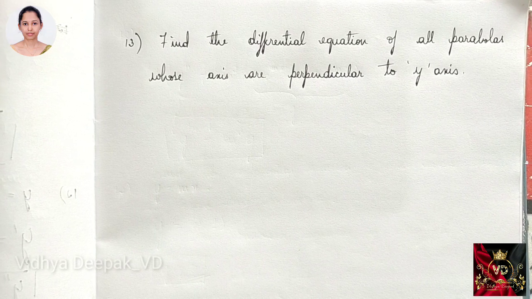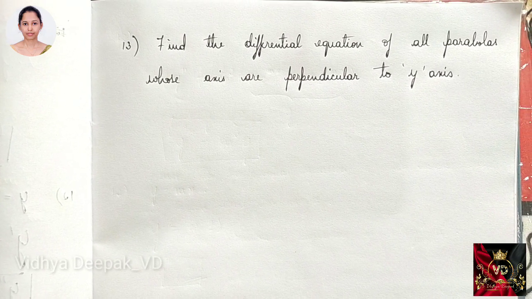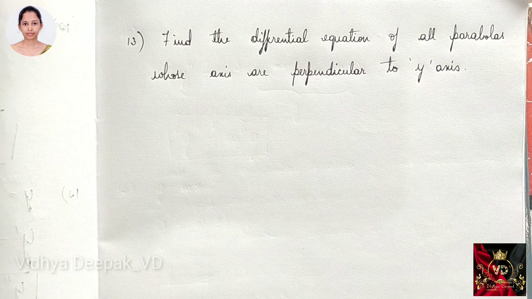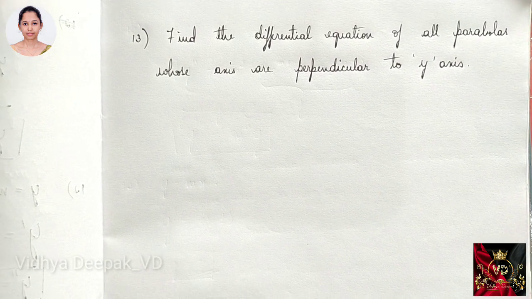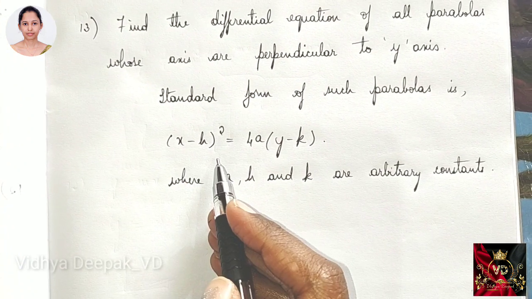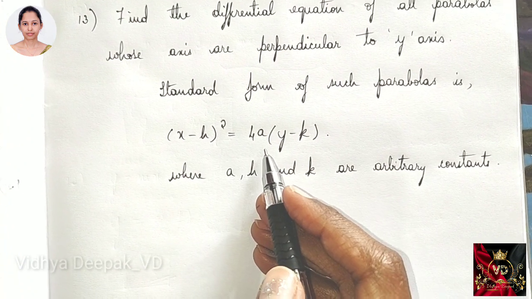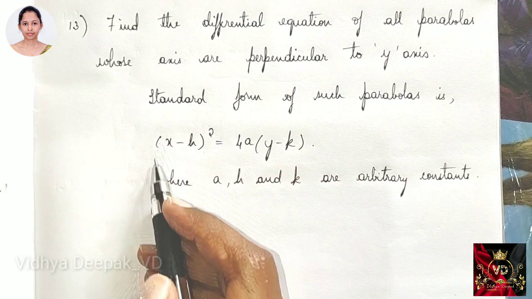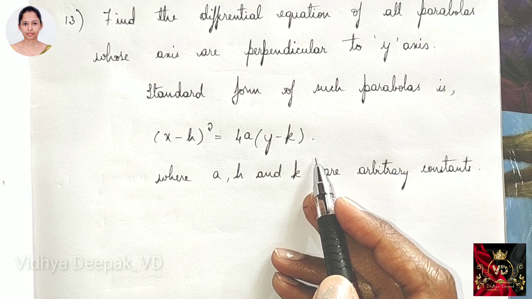Our next question is find the differential equation of all parabolas whose axes are perpendicular to y-axis. Standard form of such parabolas is x minus h the whole square is equal to 4a into y minus k. Okay, you have studied all these formulas in your second PUC.